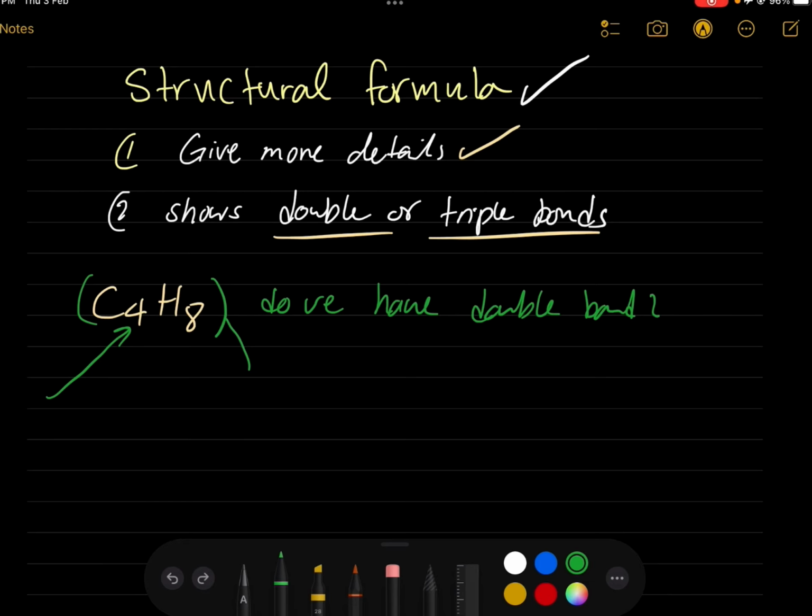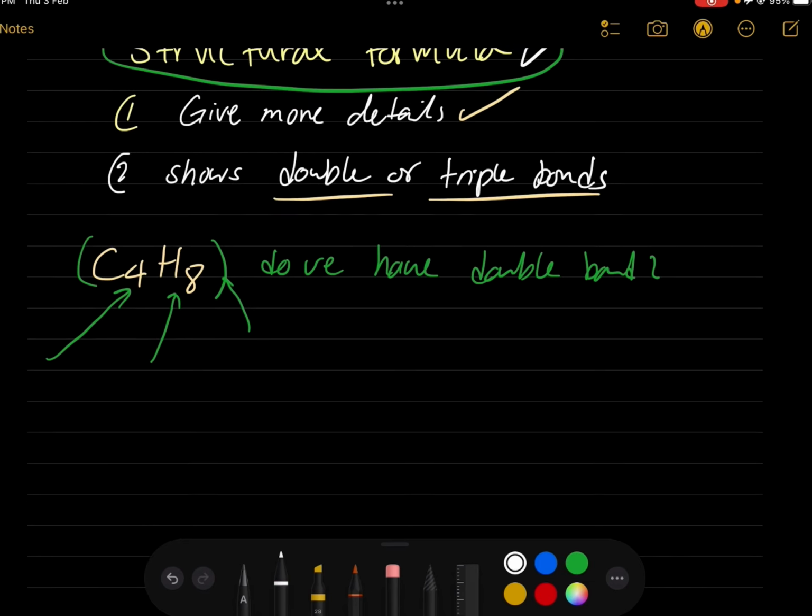Actually, you don't know if it contains a double bond or not. So the structural formula for this compound is written like this: CH3, CH2, CH, double bond CH2. So in this case, we can consider this a structural formula because it shows the double bond in here.